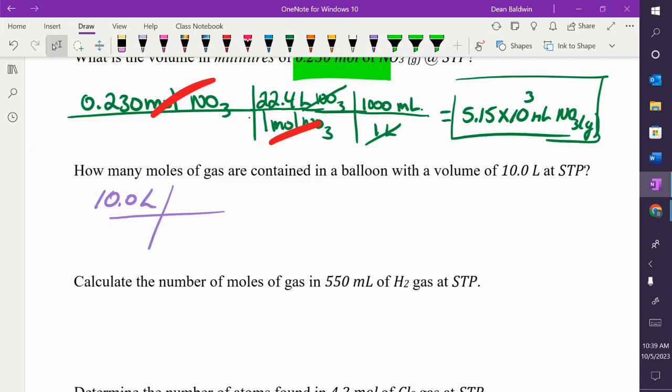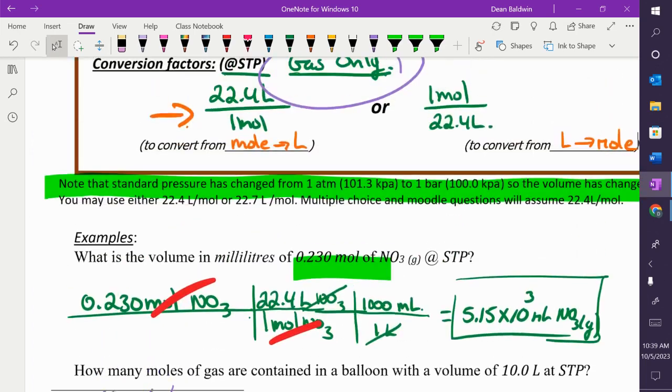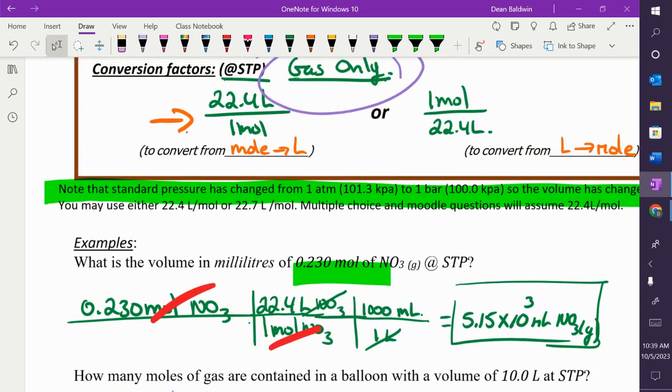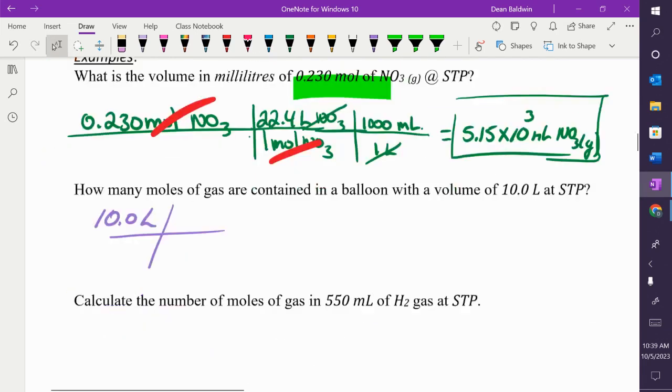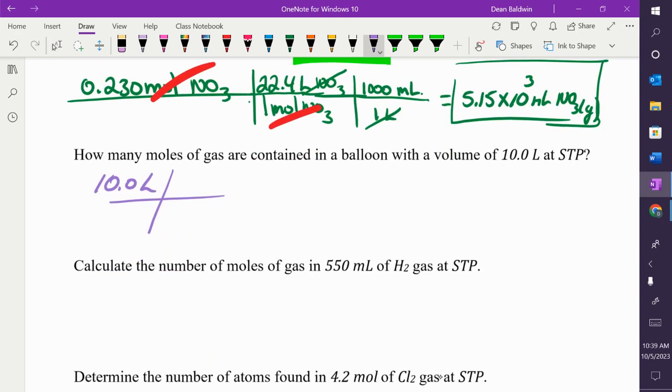Because you want the liters to cancel. We have two conversion factors. We're going to use this one because this has liters in the denominator. So we get 1 mole is 22.4 liters. Divide them, and you should get 0.46 moles of whatever gas it is.